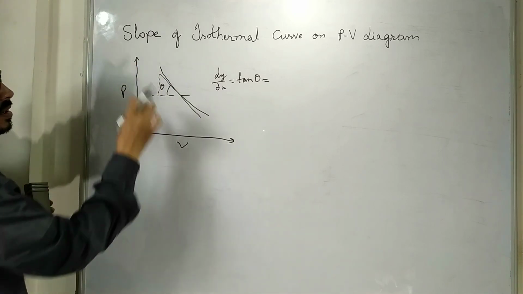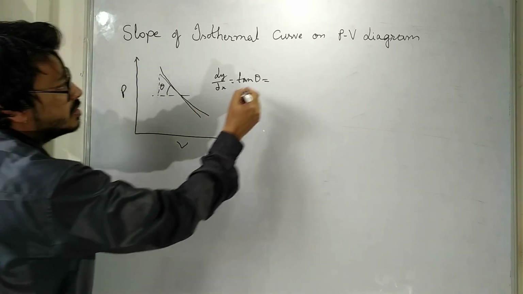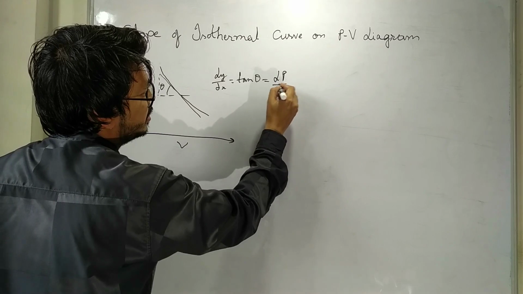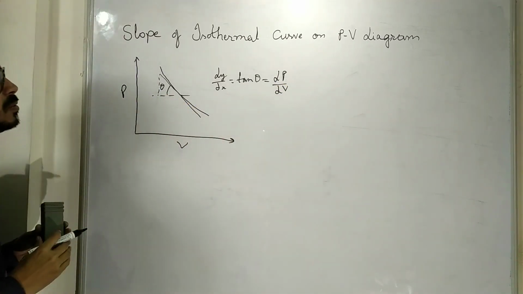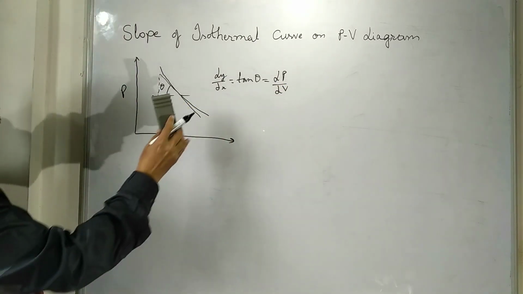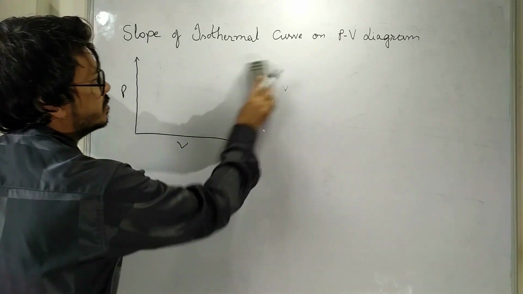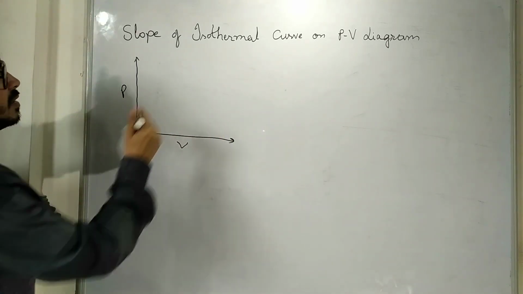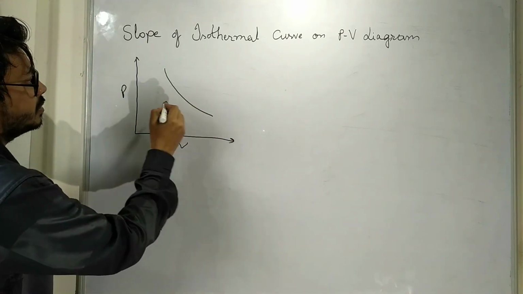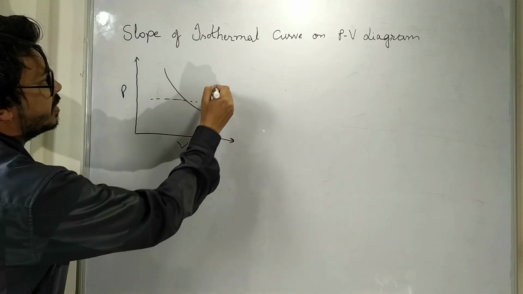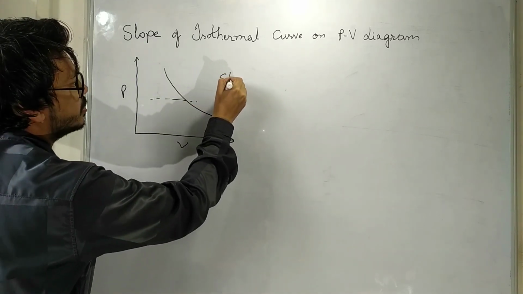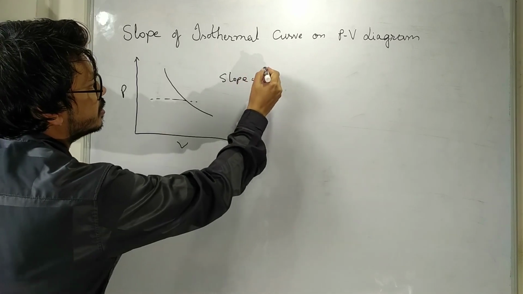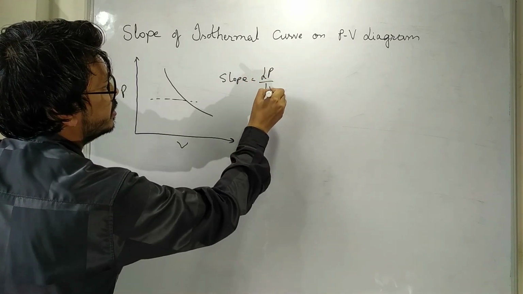Perpendicular is P and base is V. So slope is equal to tan theta is equal to dP by dV.